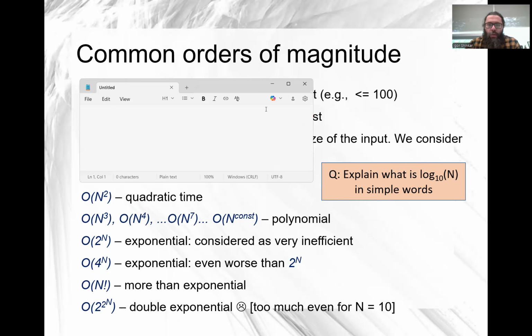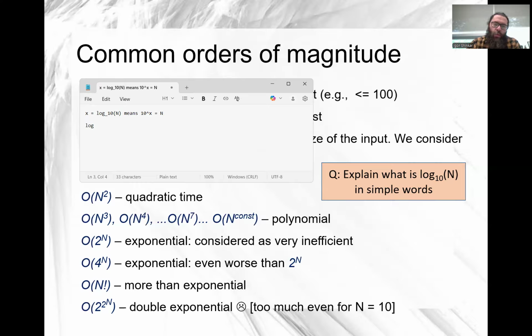So I guess x equals log to the base 10 of n means 10 to the x is equal to n, right? That's the definition. But can you explain it in simpler words?